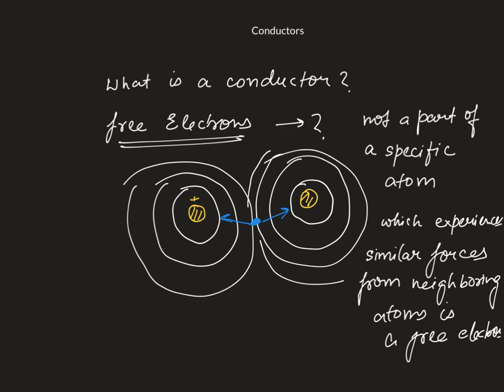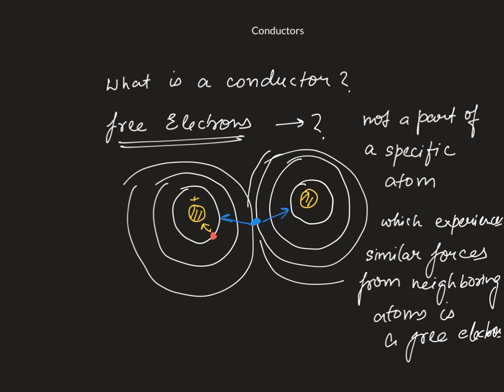Now if we take another electron, let me take a different color, let's say an electron here, the red electron will know that it is experiencing more force from the nucleus to the left and less force from the nucleus to the right.